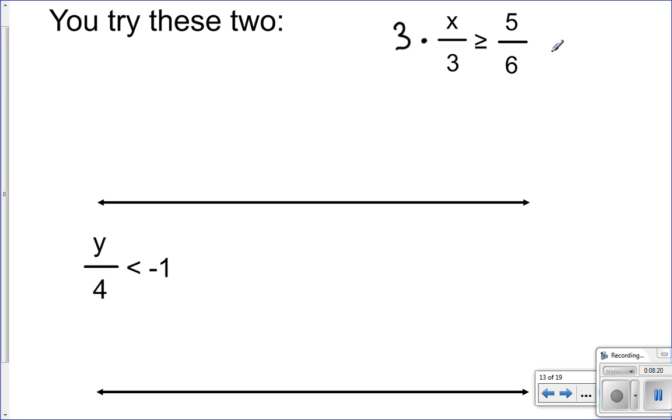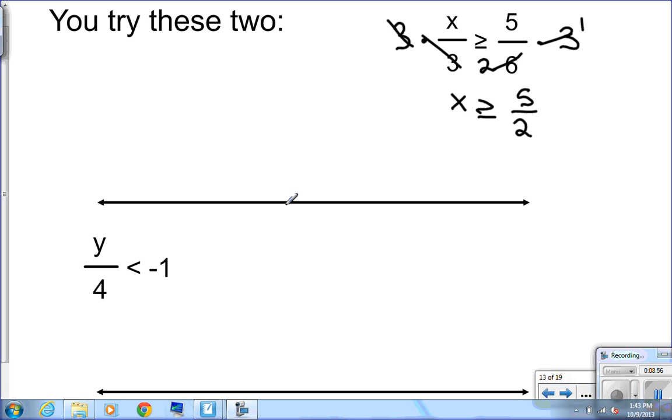I'm going to multiply both sides by 3, and I get x is greater than or equal to 5 times 3 divided by 6, well, that's 15 over 6, or that's going to reduce to 5/2. And the reason why is because I can cross reduce, and this becomes 2, this becomes 1. So x is greater than or equal to 5/2.